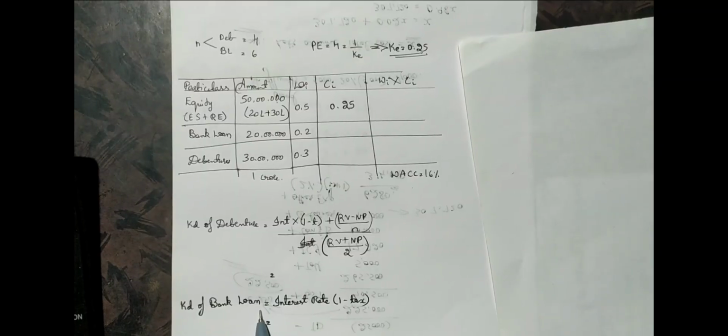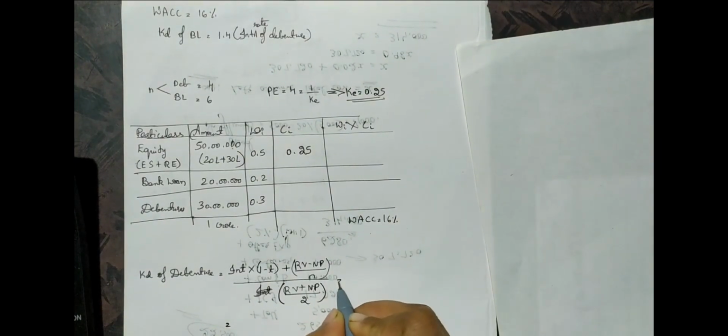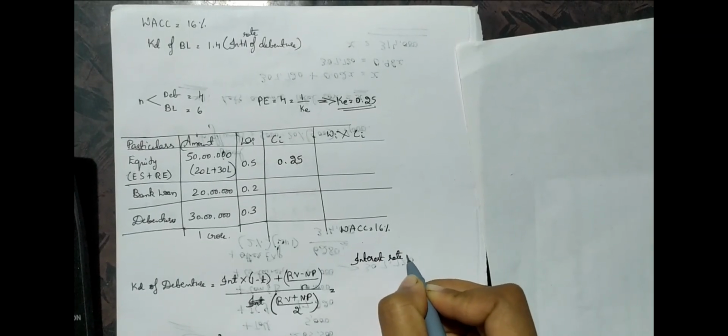But while finding the cost of bank loan or term loan, we don't take interest amount, we just take the interest rate, which means if they have given 13%, you don't do 100 into 0.13, we just take 0.13, not into 100. Okay. So now let's move further. We don't know the interest rate, so assume interest rate as X.